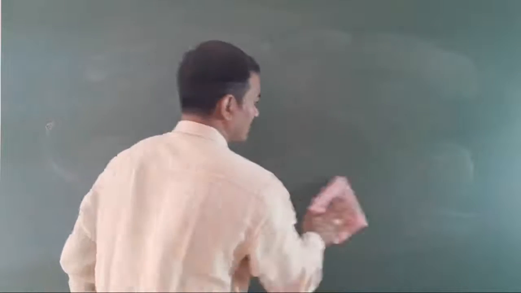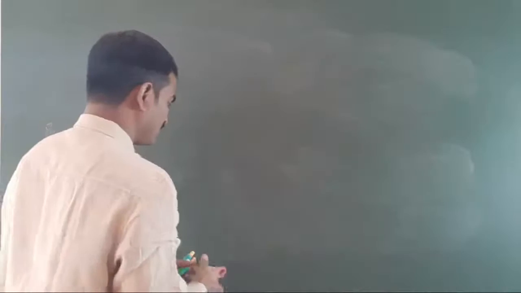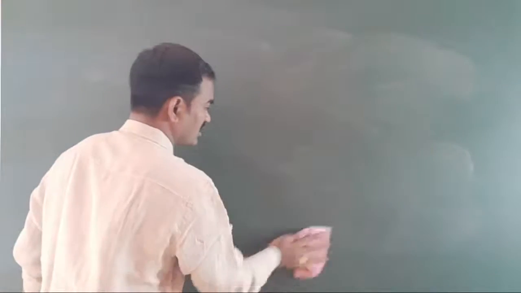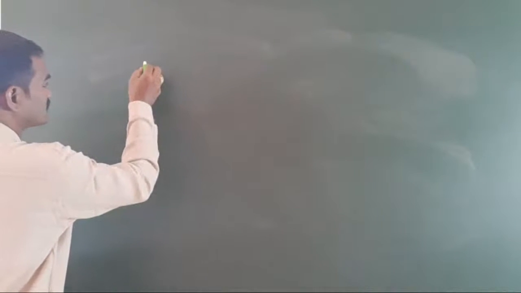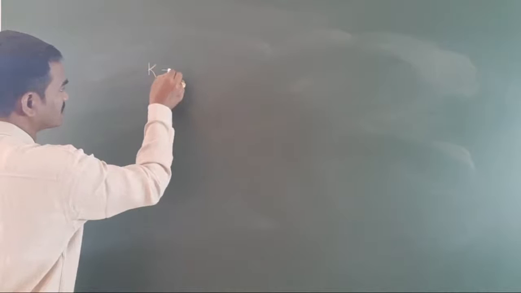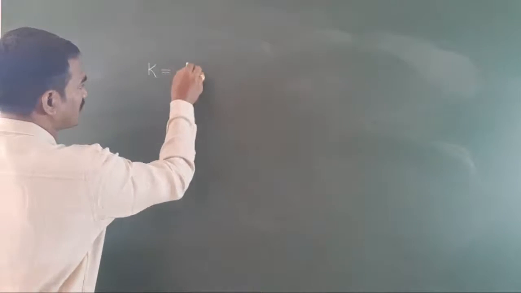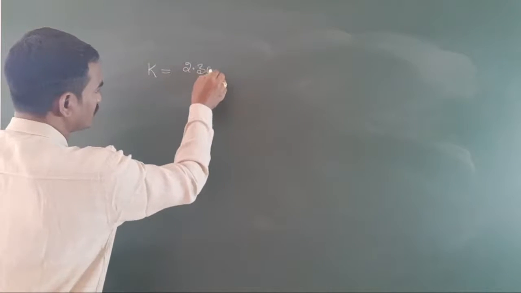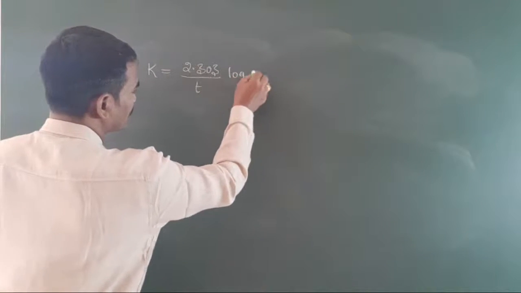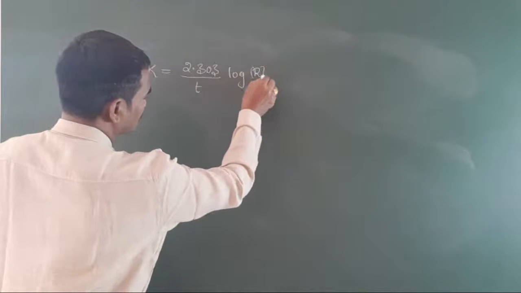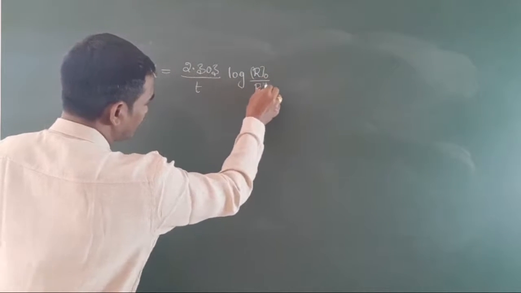Before going to know about the exponential form, we need to focus. Now here you see, I want to give you clarity on this form. Here see k is equal to 2.303 by t log R naught by r we have taken here.